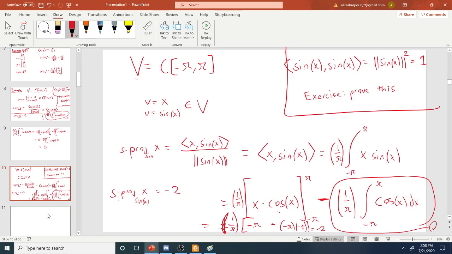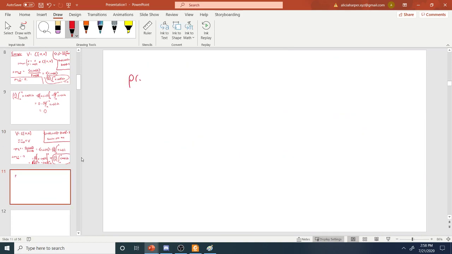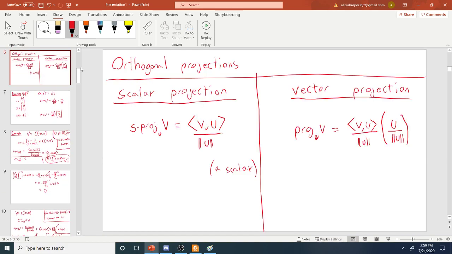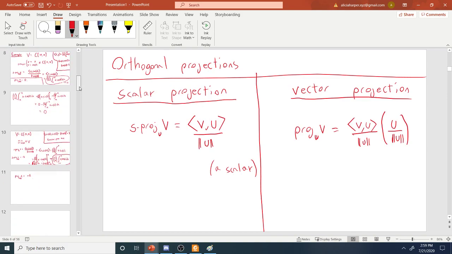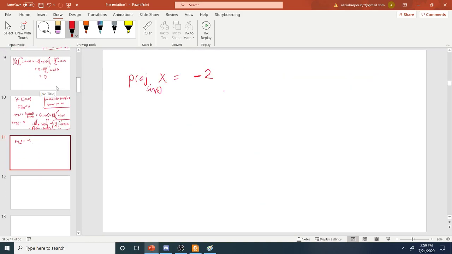So now we can figure out what the vector projection has to be. The vector projection of x onto sine of x is simply going to be negative 2 times, well, according to this formula, you take u and divide u by its norm. u in this case is sine of x, and its norm is 1, so it's just going to be negative 2 times sine of x.